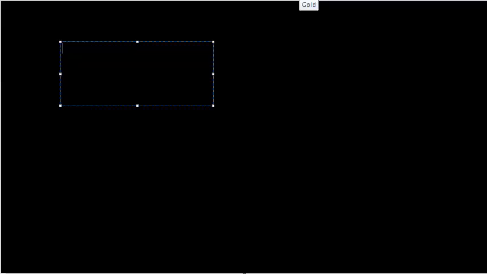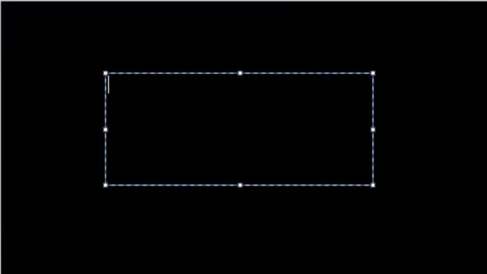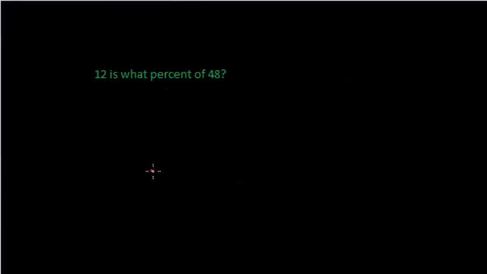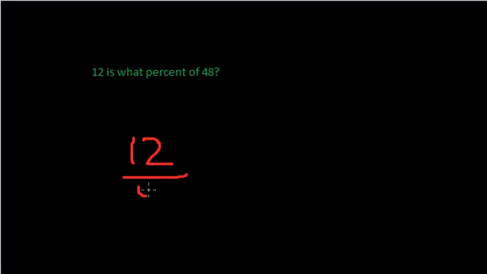This can also be asked when our percent is unknown. Say for example, we ask 12 is what percent of 48? To solve this again, we plug that into our is over of equals percent over 100 formula. So in this case, 12 over 48 is equal to some unknown percent over 100.